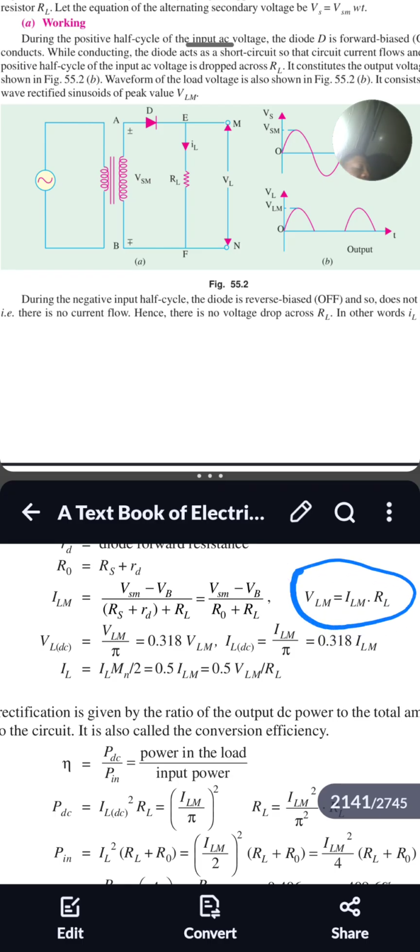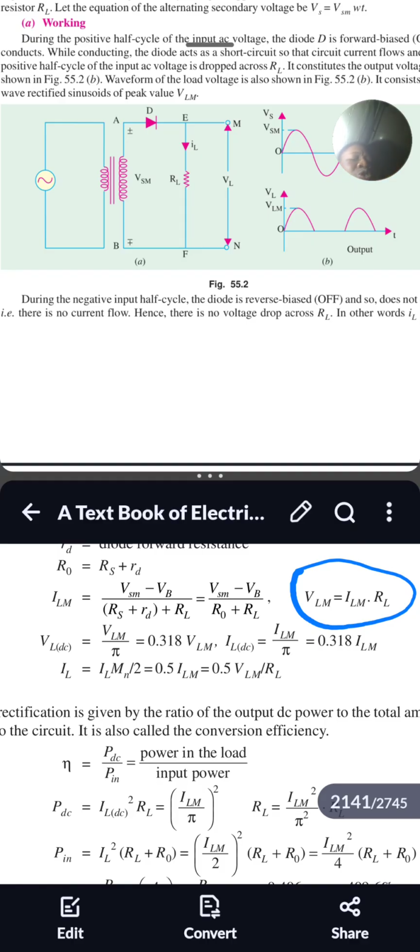This part here is just showing you that VM is the same thing as IM times RL. If RS plus RD are 0, it will be times RL.